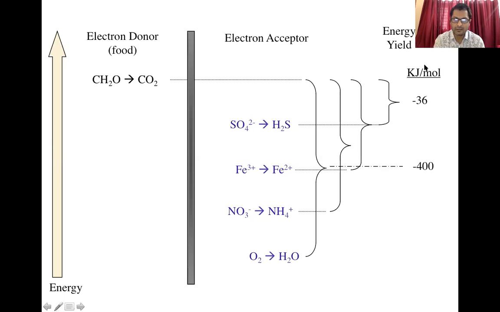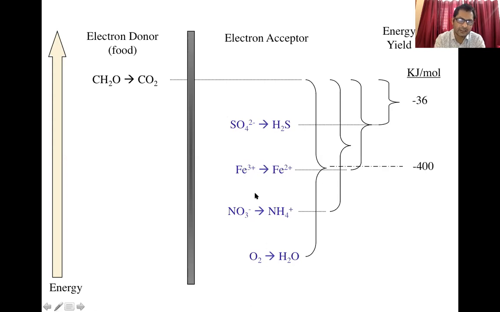Similarly, when nitrate is converted into ammonia, ferric is converted into ferrous, and sulfate is converted into sulfide, the energy release is very low, in the presence of carbohydrate. This is the anaerobic reaction. And you understand my point?